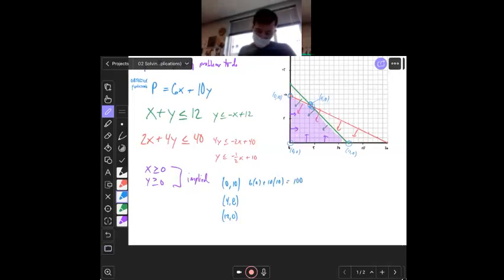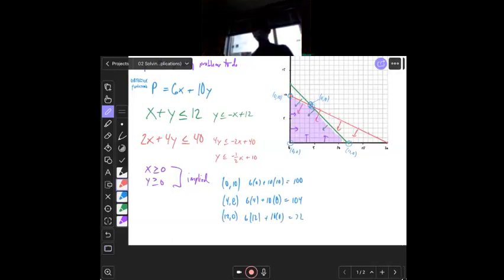Then we have 6 times 4 plus 10 times 8. So 24 plus 80 is 104. Better score. And then 6 times 12 plus 10 times 0, which is just 72. Our job was to find the highest score, which of course would be the 104.